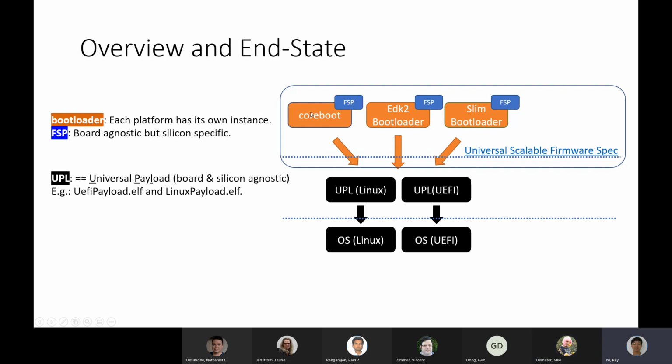But for the bootloader, we may have different instances for different boards, even for the same generation. And for the universal payload, I put a black color here, which means it should be unified across different silicon or boards.